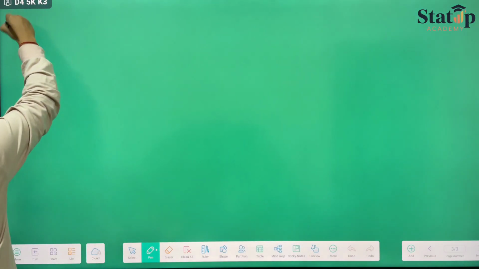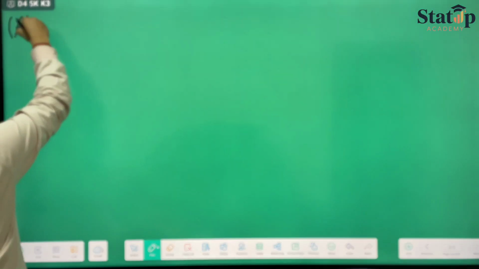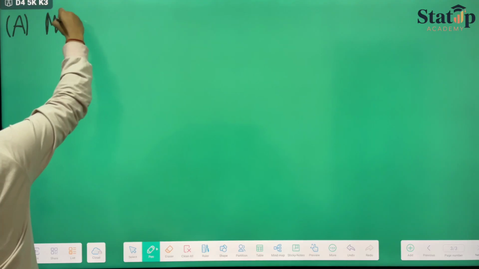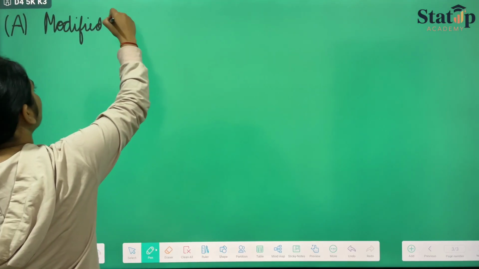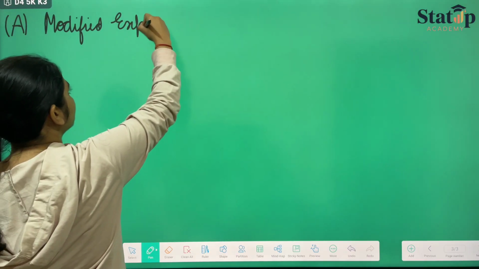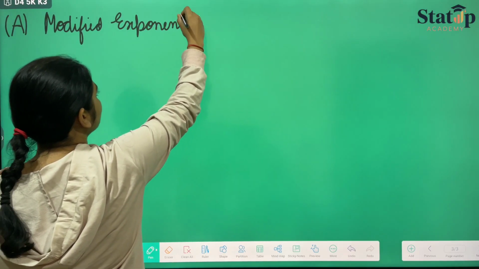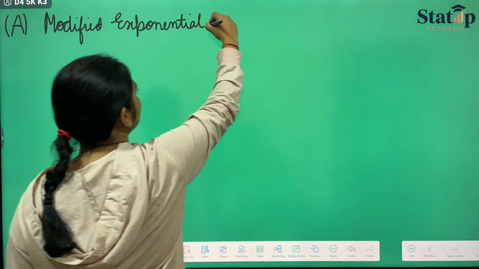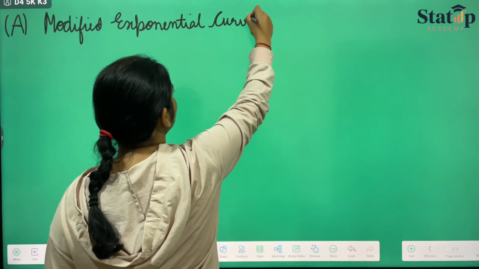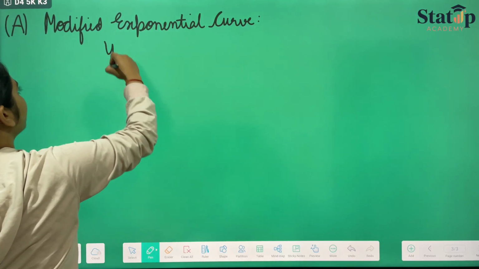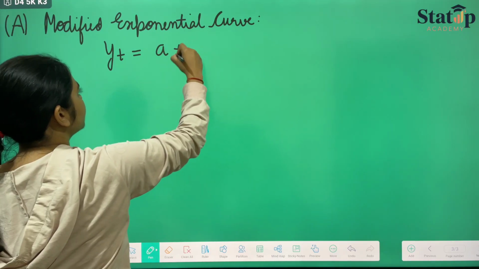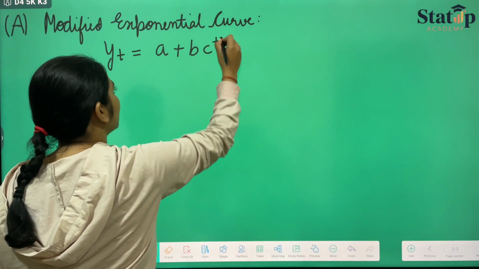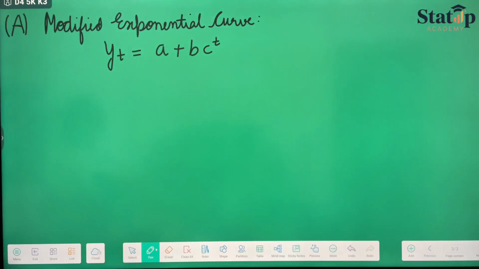First one is our modified exponential curve, which is given by yt is equal to a plus b c raised to the power t.